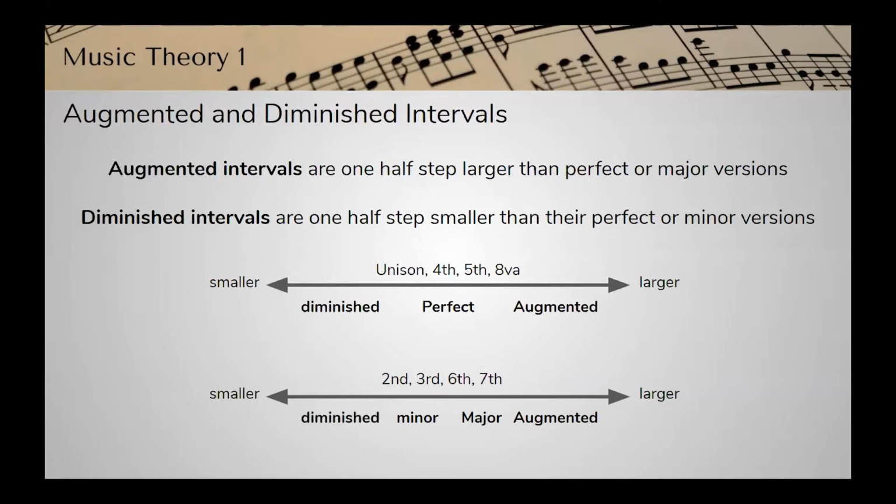And if it is one half step smaller than what a minor interval should be, it's called diminished. So these are kind of like stretching out the interval bigger or squishing it down smaller than it normally should be, right? So these are just the special names to say that these are either bigger than perfect or bigger than major, or they're smaller than perfect or smaller than minor. Okay?